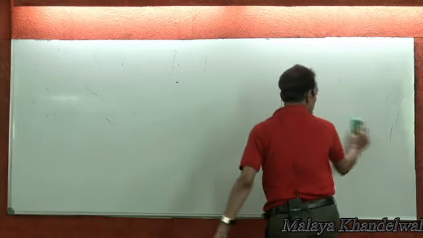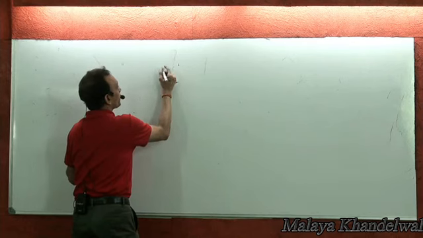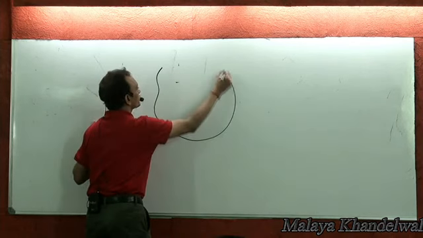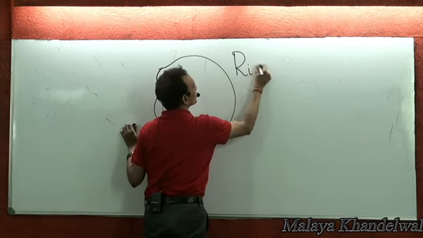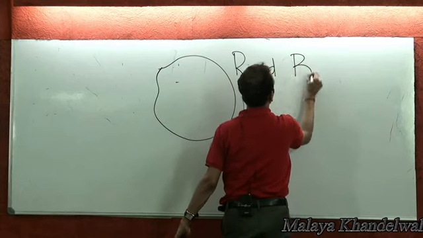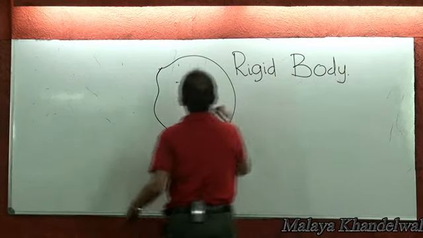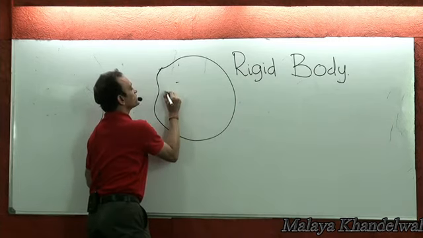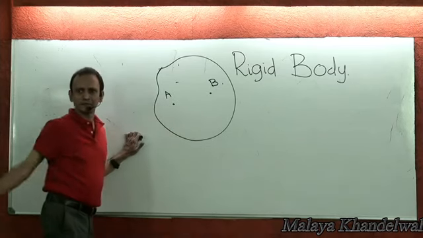So, which means, if this is a rigid body, and I take any 2 points on the rigid body, say A and B, and the rigid body could be moving in a very complicated manner.